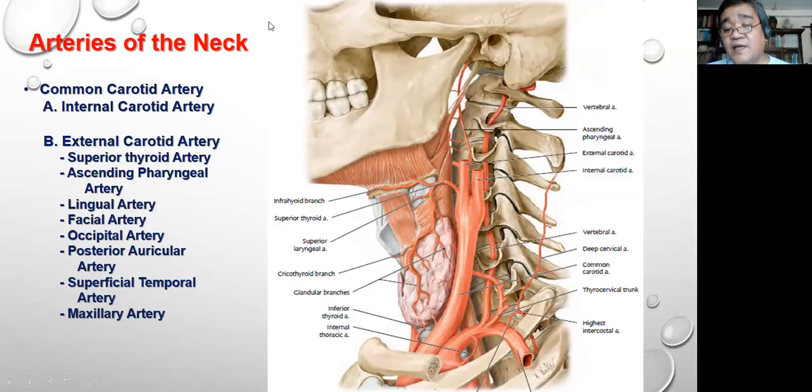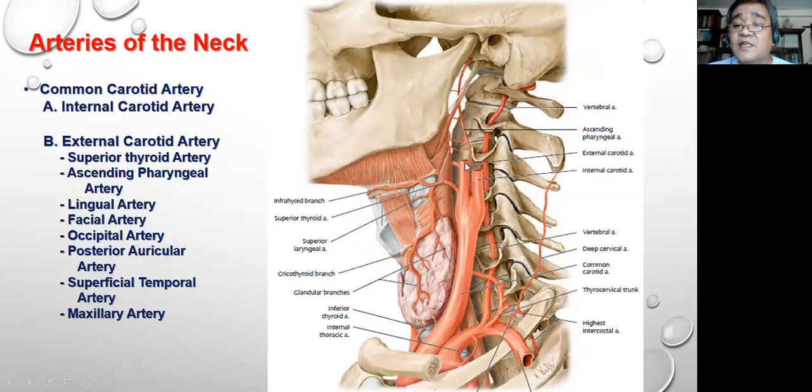Then the common carotid artery goes up underneath the sternocleidomastoid muscle, and at the level of the superior horn of your thyroid cartilage, the common carotid artery bifurcates into two terminal branches.